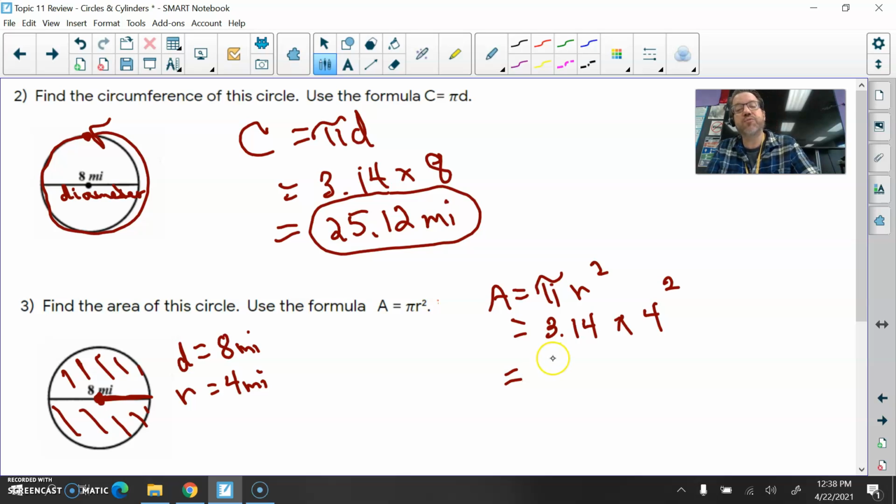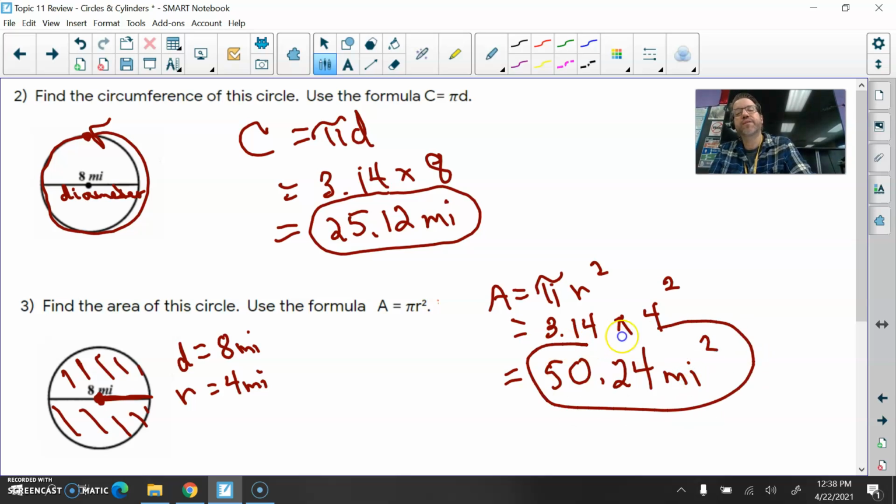And it does equal 50.24. I'm not asked to do any rounding here, so I'm going to leave it just as is. Since it is area, though, we want square units, so it's square miles. And we're done. 50.24 square miles. So circumference and area, they're both pretty quick and easy to solve. But again, you will want to have a calculator on the test tomorrow.